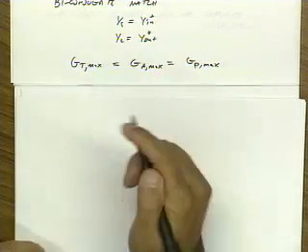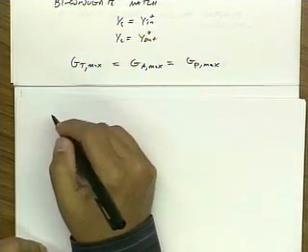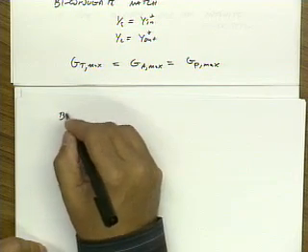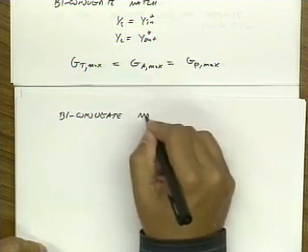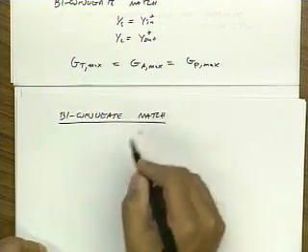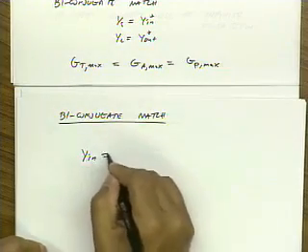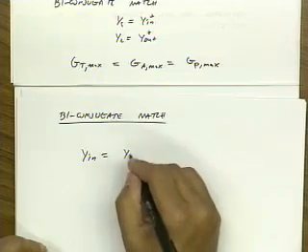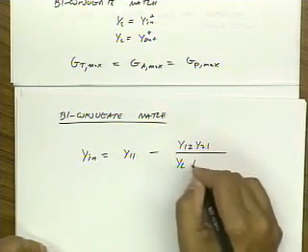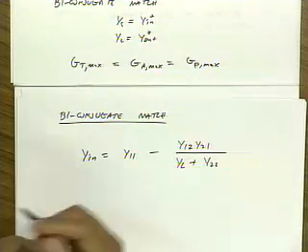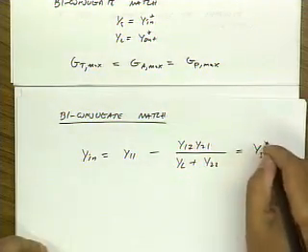Now, there are actually several recipes for a biconjugate match, several ways of going about calculating this. The most straightforward approach is to say, I know what Yin is for a two-port. It's Y11 minus Y12 Y21 divided by YL plus Y22, and I simply set that equal to YS star.